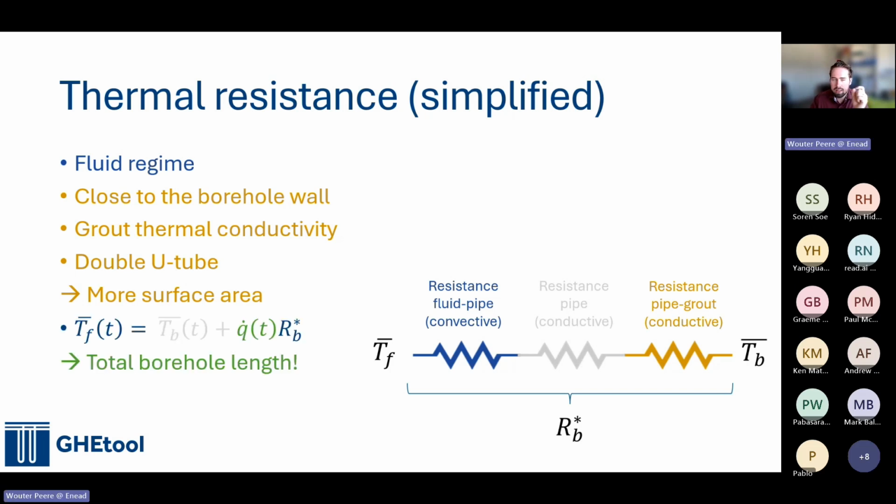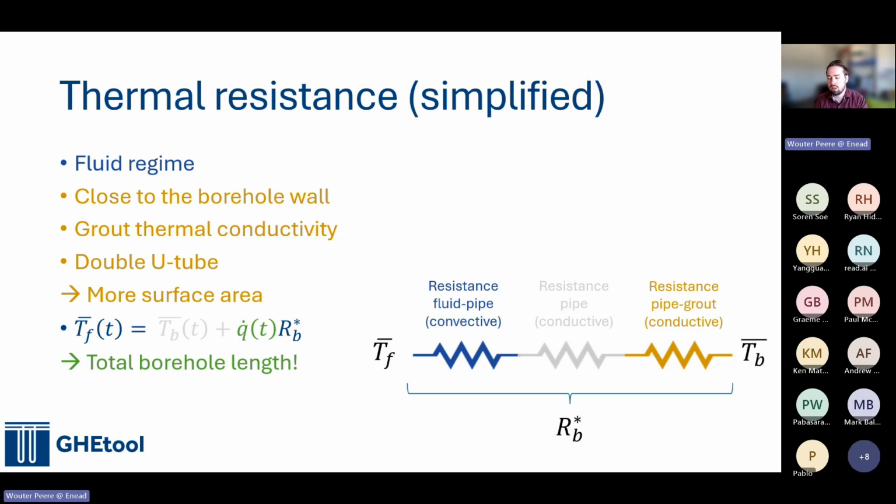Now, if we look back at our figure, we have a fluid temperature. On the short term, the borehole temperature is assumed to be constant. We have our resistance, but this is multiplied by the power per meter. So what this teaches us is that on the short term, our borehole resistance is important, but also how many meters of borehole there are.